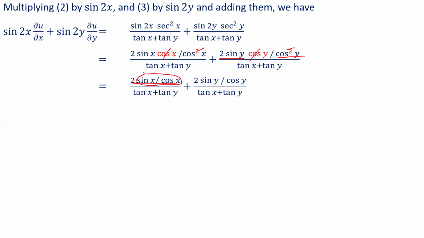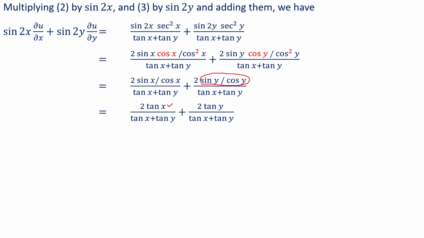This is nothing but tan x, so we can write 2 tan x, and similarly sin y upon cos y is tan y, so we can write 2 tan y. Now the LCM is tan x plus tan y, so we can write 2 tan x plus 2 tan y. If we take 2 common, tan x plus tan y, and in the denominator it is again tan x plus tan y, so both cancel and we have 2, which is the right hand side.